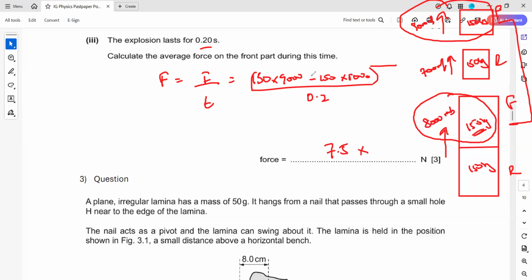What's the answer for this? 150 times 9,000, 150 times 8,000, divided by 0.2. First do the product, subtract, and then divide by 0.2. 5 exponent 5. Exponent 5, okay.